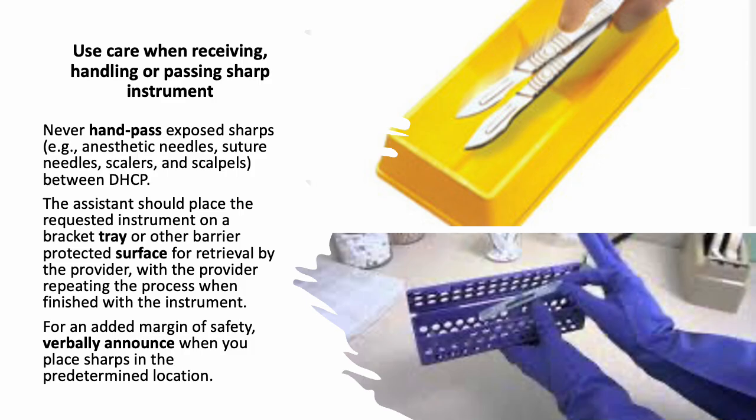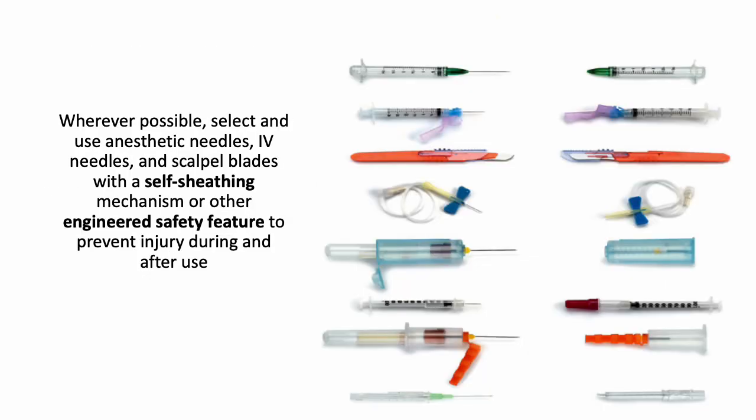For an added margin of safety, verbally announce when you place a sharp in the predetermined location. To protect against injury during and after use, if available, use needles and blades with a self-sheathing mechanism or other engineered safety features.